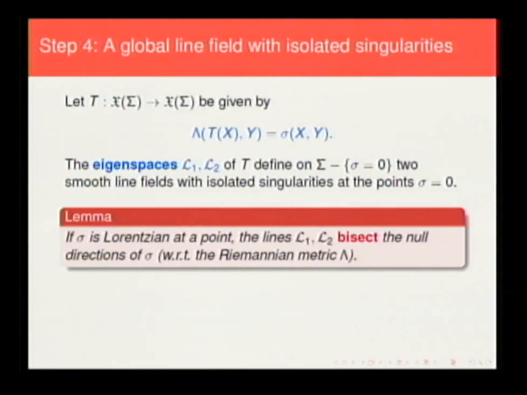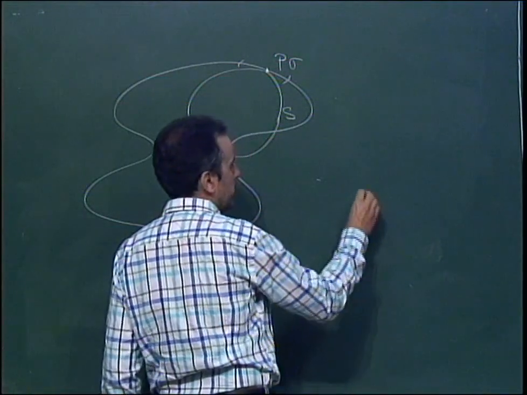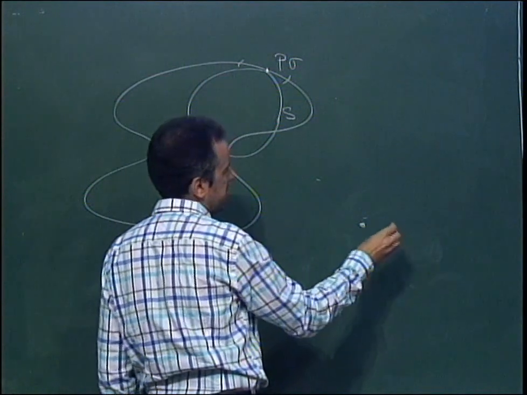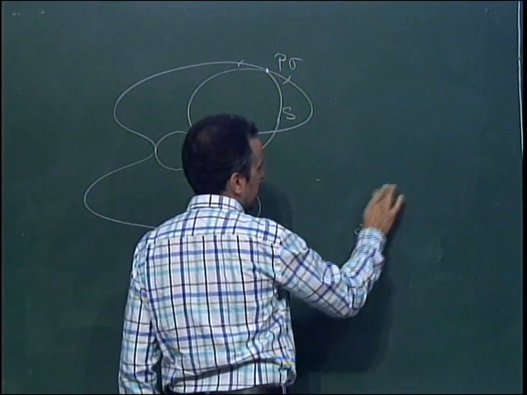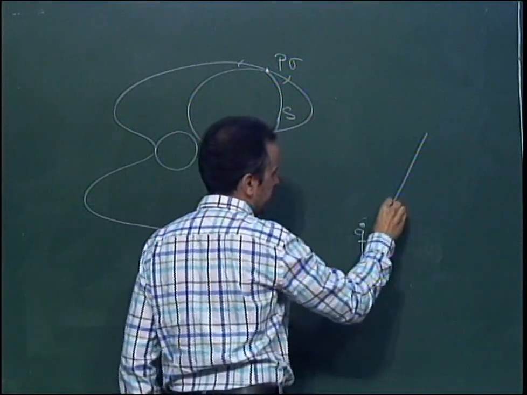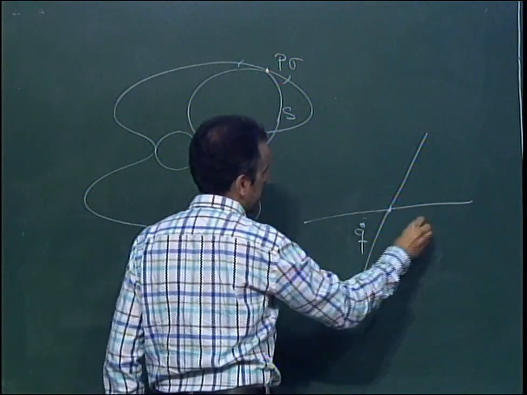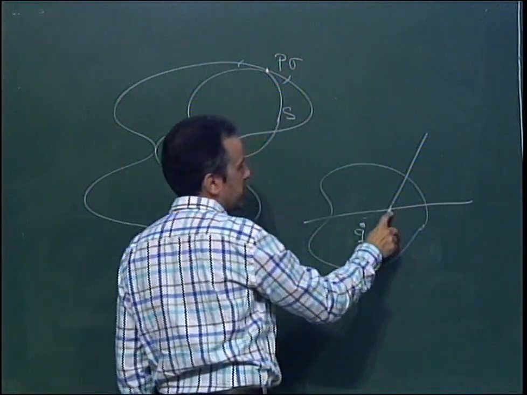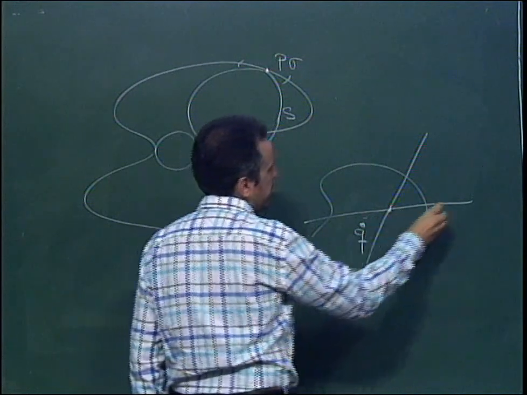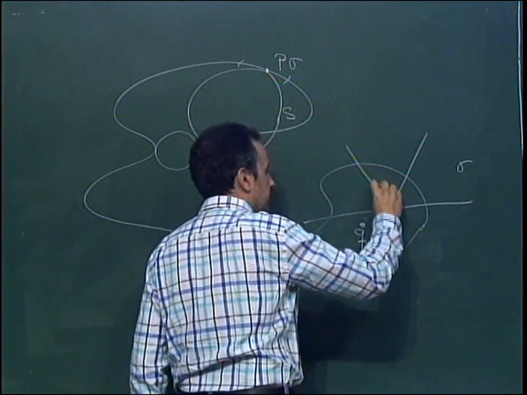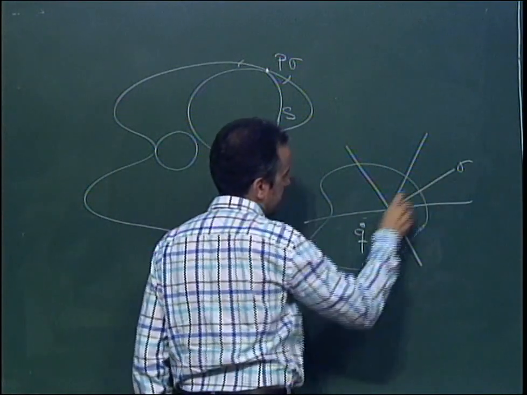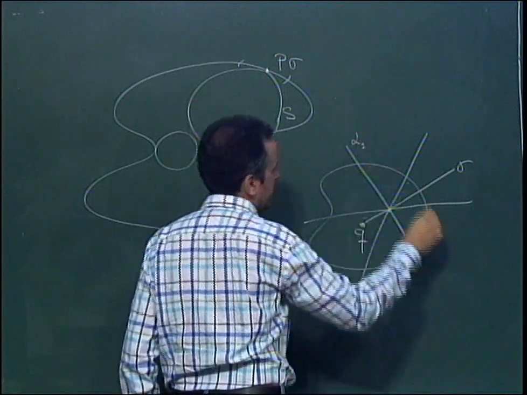But we have an important property here: around a point where sigma is equal to 0, if we want to compute the index, imagine that sigma is equal to 0 at that point. So we have that in a neighborhood, the null directions of sigma bisect, with respect to the metric gamma, L1 and L2.